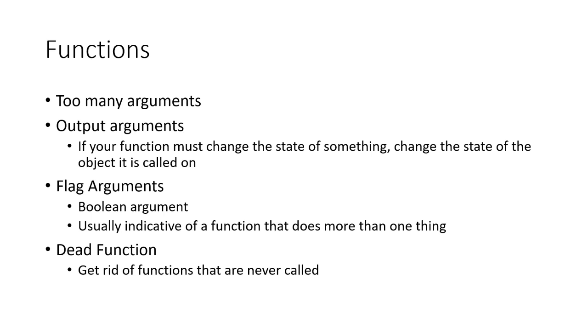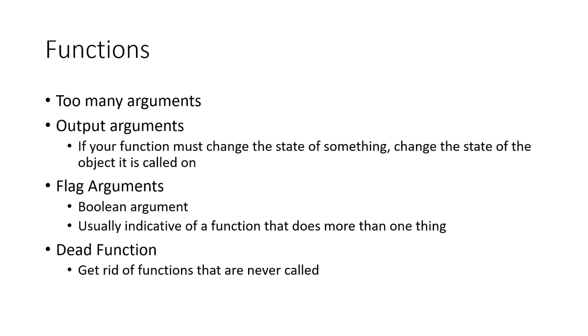So the output is the object itself with extra attributes added onto it. If you catch my drift, he's saying output arguments are bad. If you're going to change the state of an object, change it using the function of that actual object. Don't use an outside function to do that.